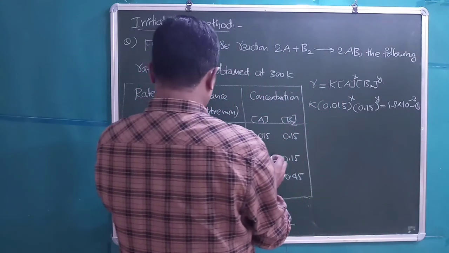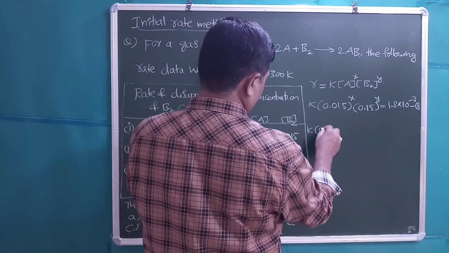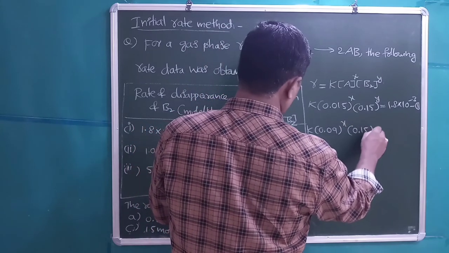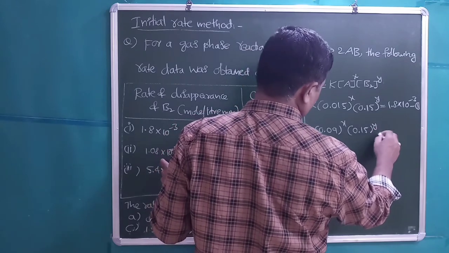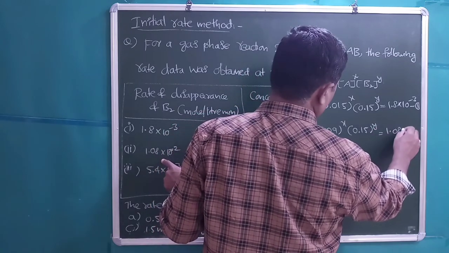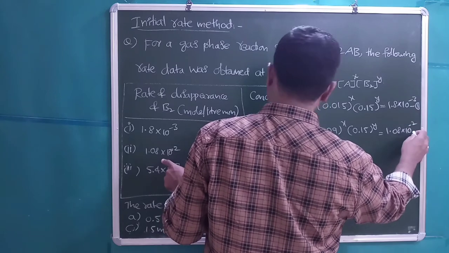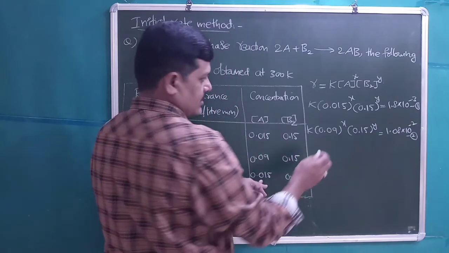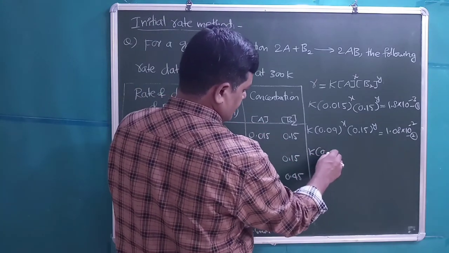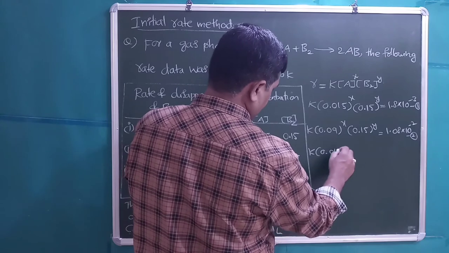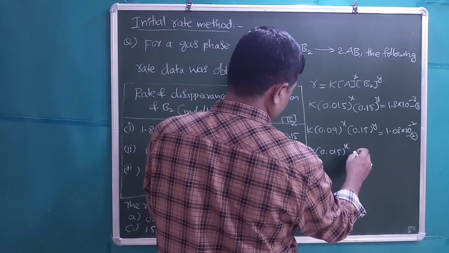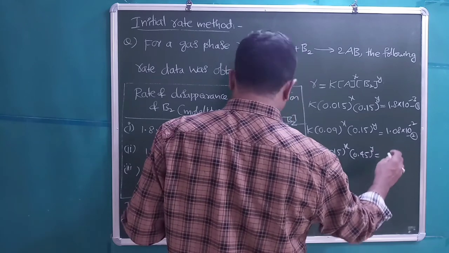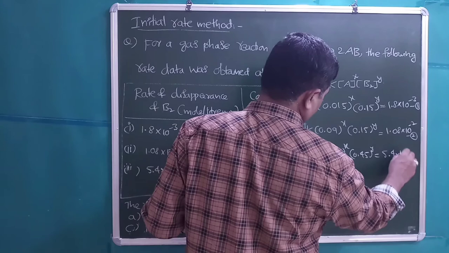Then the second data: K into 0.09 whole power X, 0.15 whole power Y is equal to 1.08 into 10 power minus 2. This is equation 2. Then the third data: K into 0.015 whole power X and 0.45 whole power Y is equal to 5.4 into 10 power minus 3.